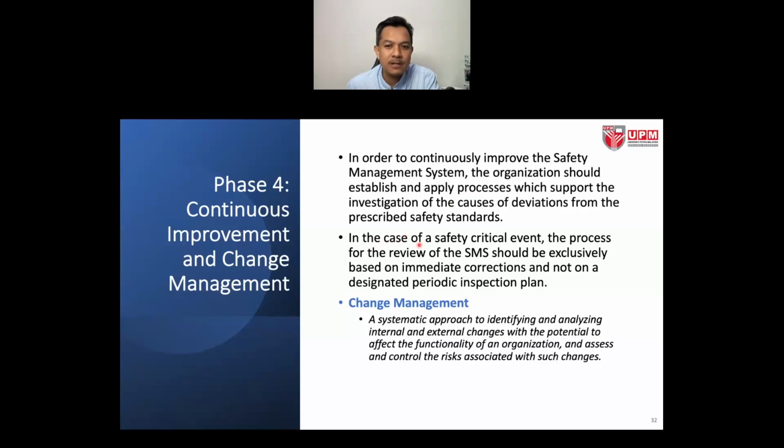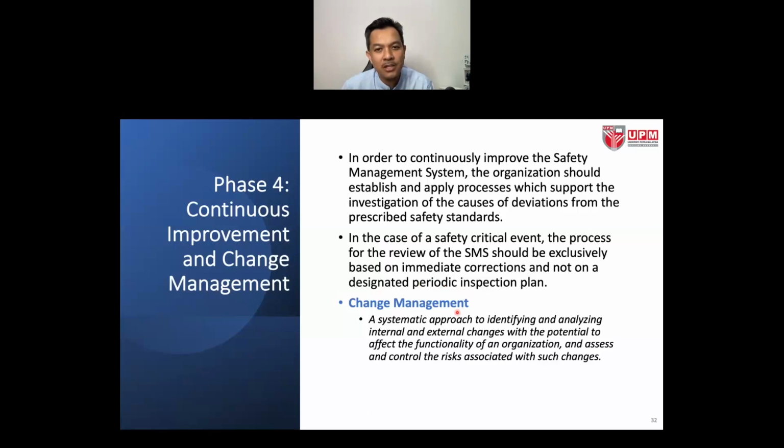So in the case of a safety critical event, the process of the review of the safety management system should be exclusively based on immediate corrections and not on a designated periodic inspection plan.